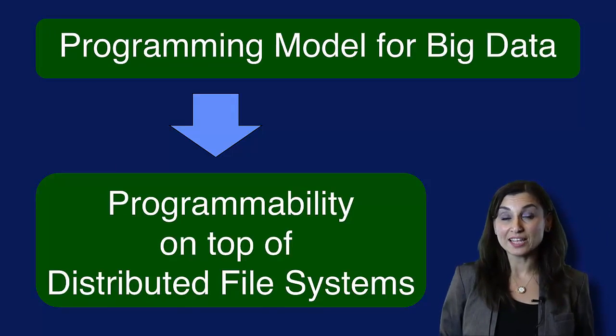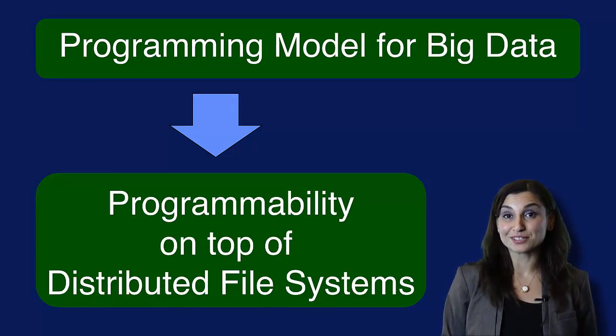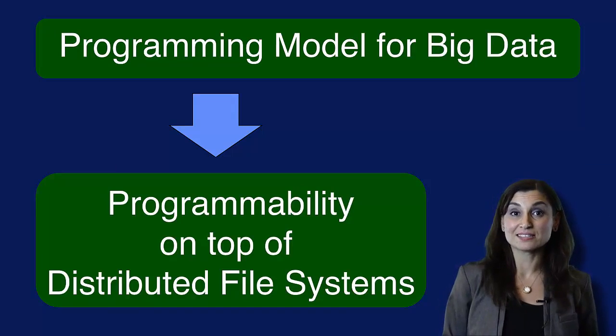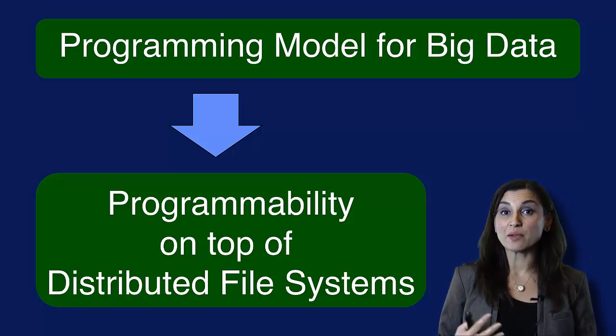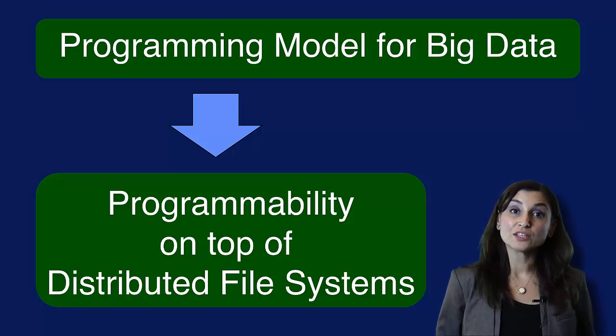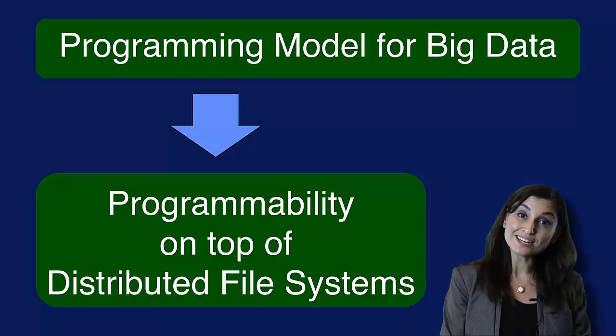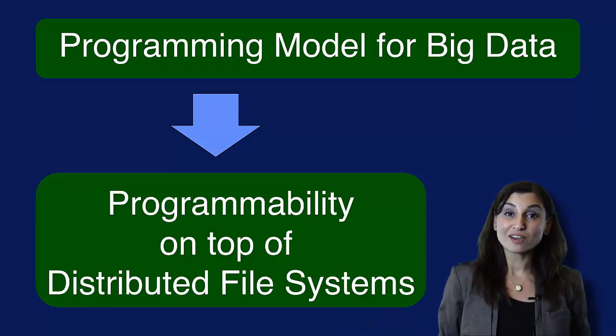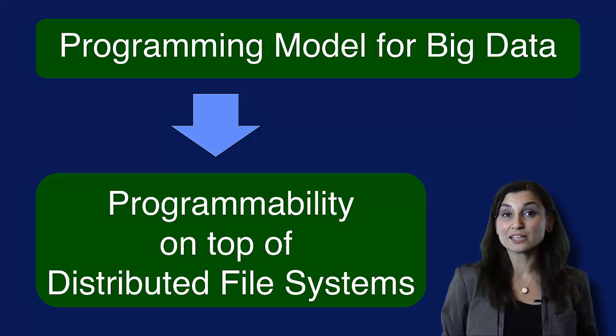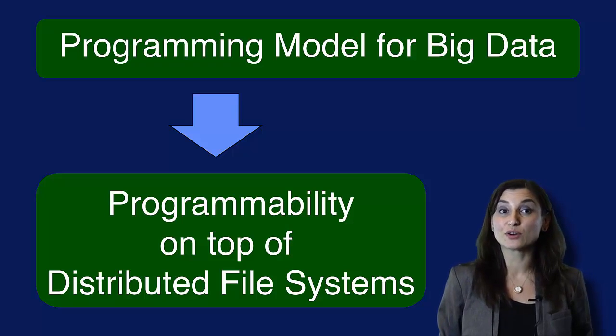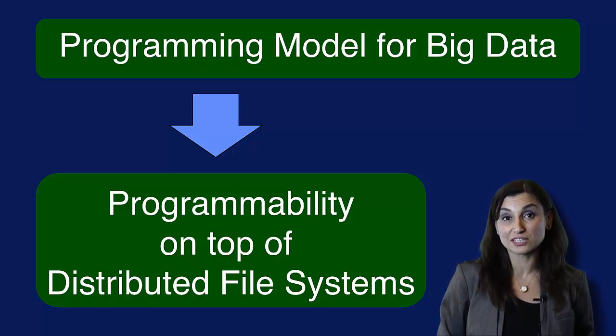So we can say, if the enabling infrastructure for big data analysis is distributed file systems, as we mentioned, then the programming model for big data should enable the programmability of the operations within a distributed file system. What we mean by this is being able to write computer programs that work efficiently on top of distributed file systems using big data and making it easy to cope with all the potential issues.